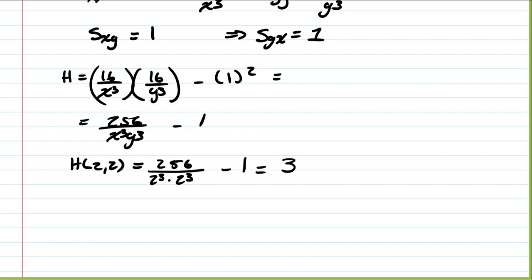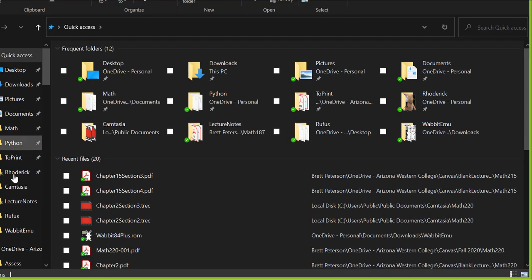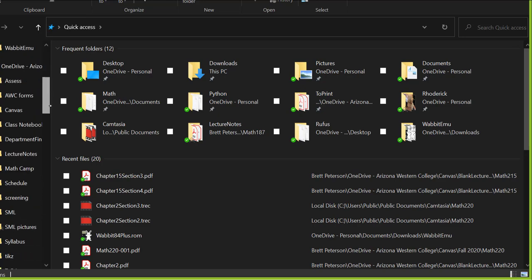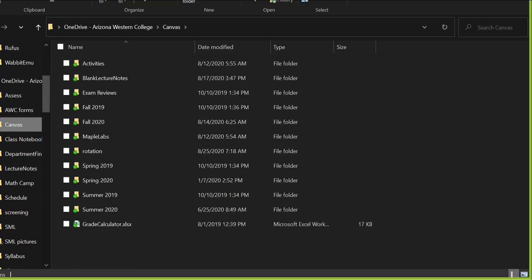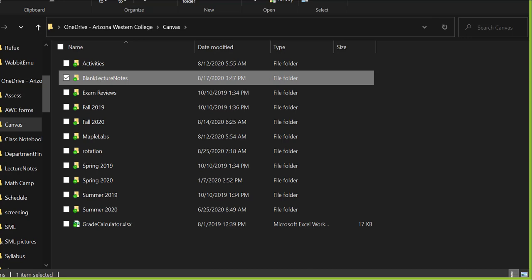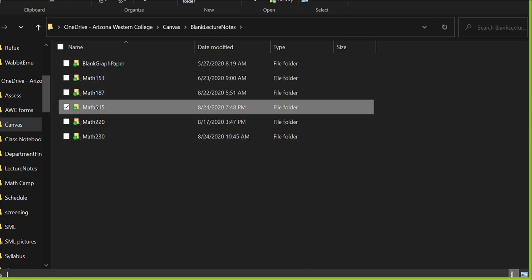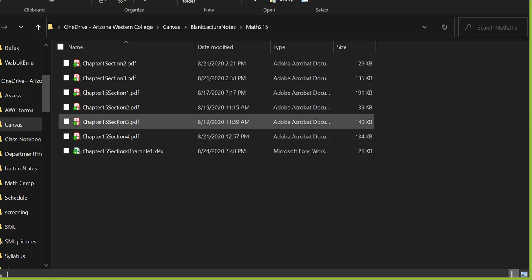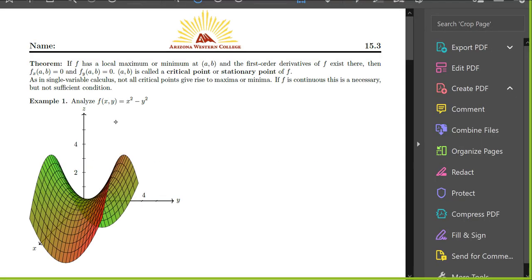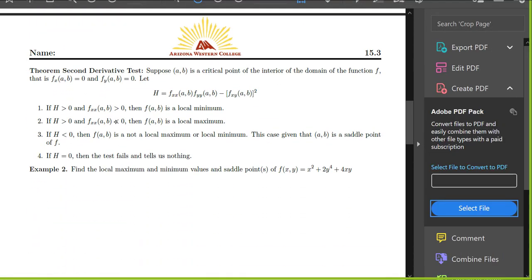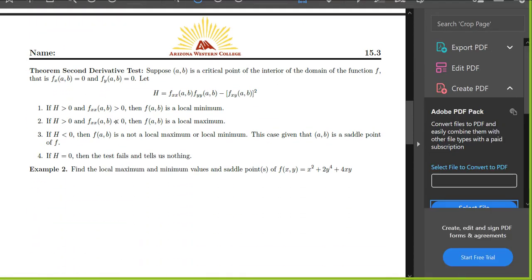So now we need to remember what our rules were for finding our maximum and minimum. So we have here our h is positive, so we're in cases 1 and 2. So for it to be a minimum, we need f sub xx to be bigger than 0.